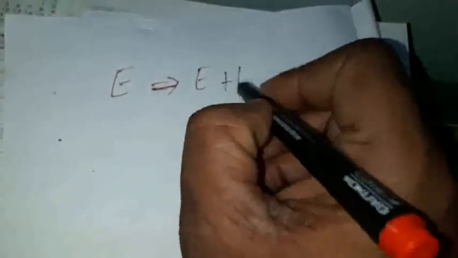Let me take a grammar: E tends to E plus E or E star E or id. This is the grammar. First, we should know whether it is ambiguous or not.